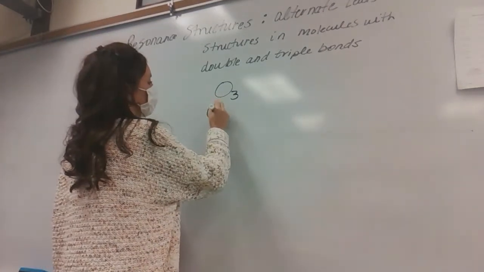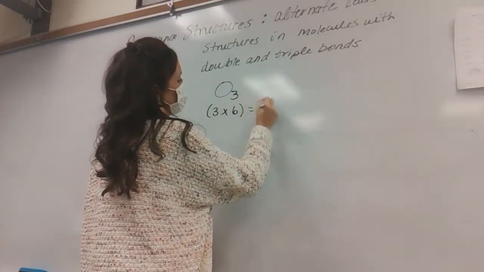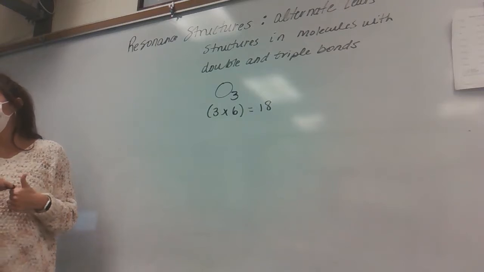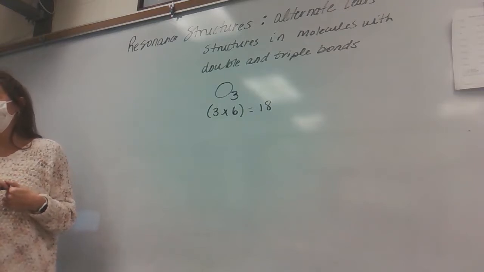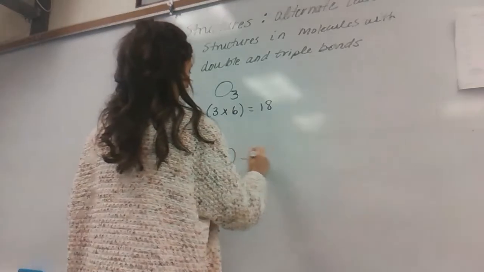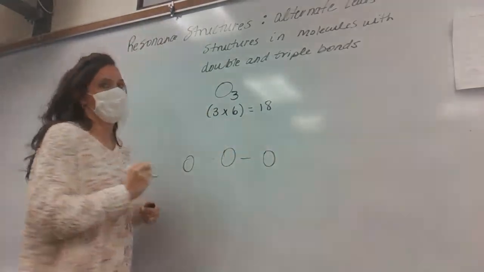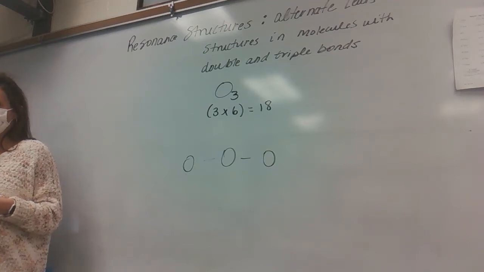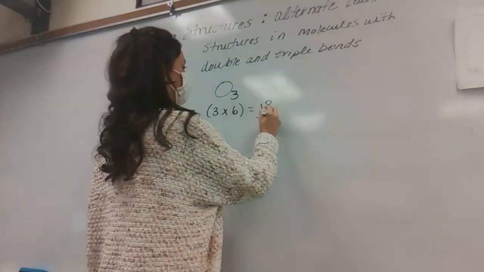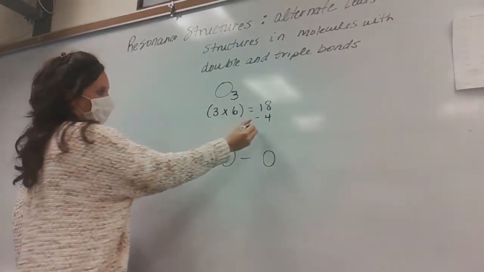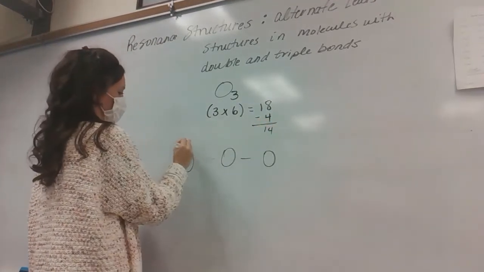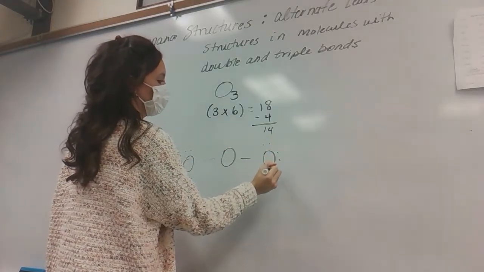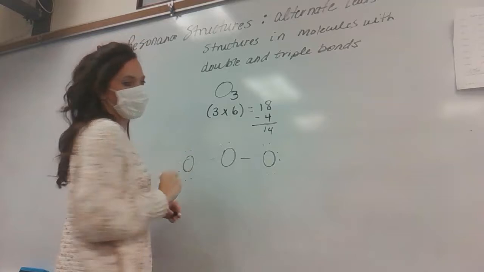We have 3 times 6 is 18. What's my central atom? Oxygen. That was a trick question. I've used 4. So I have 14. 2, 4, 6, 8, 10, 12, 14.